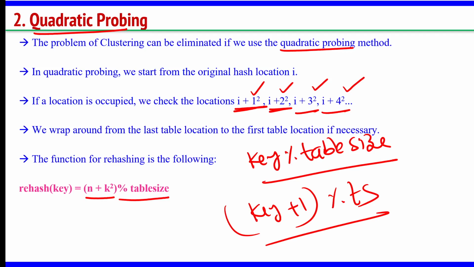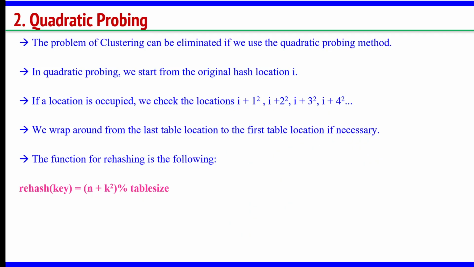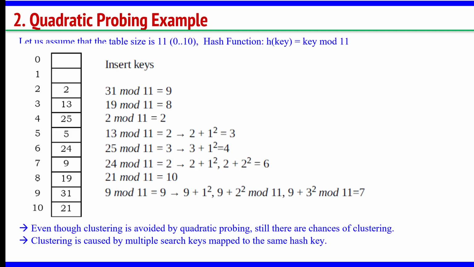Let us understand this with an example, how this quadratic probing works. Okay. See, I have a table size of 11 with index 0 to 10, right, and the basic hash function is key modulo 11. Okay.